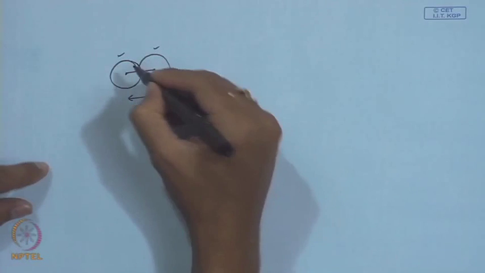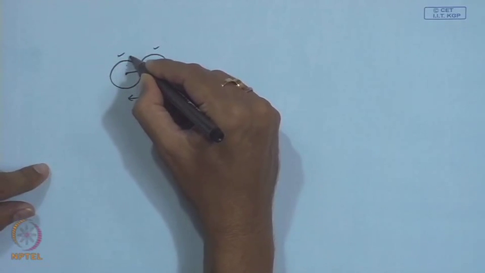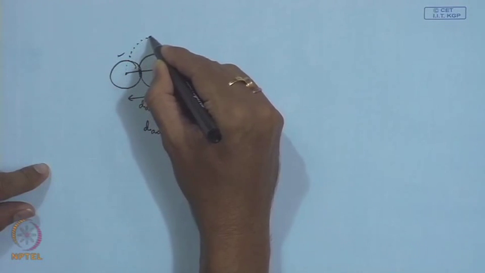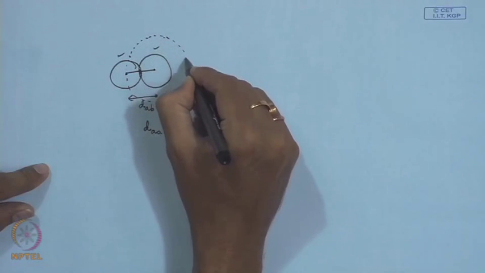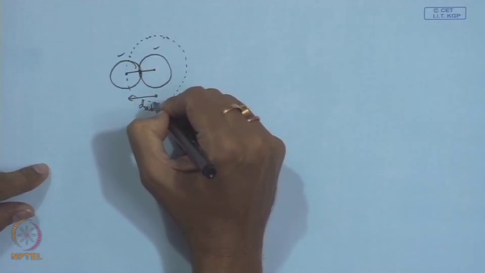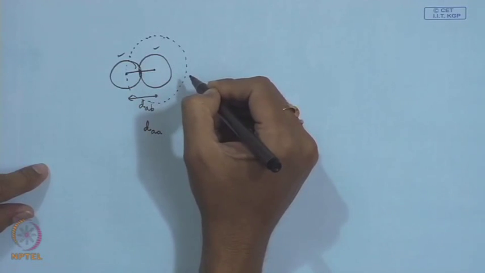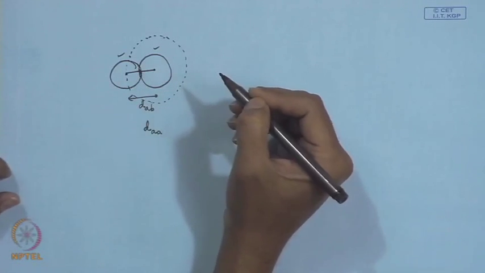So, if you draw a circle of this type, then the area will be pi d_AB squared. The area of a circle having the radius equal to the collision diameter is known as the collision cross section.